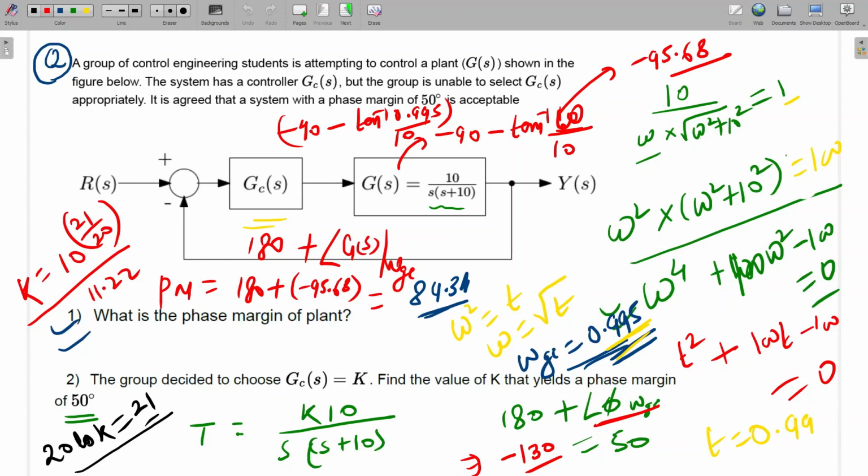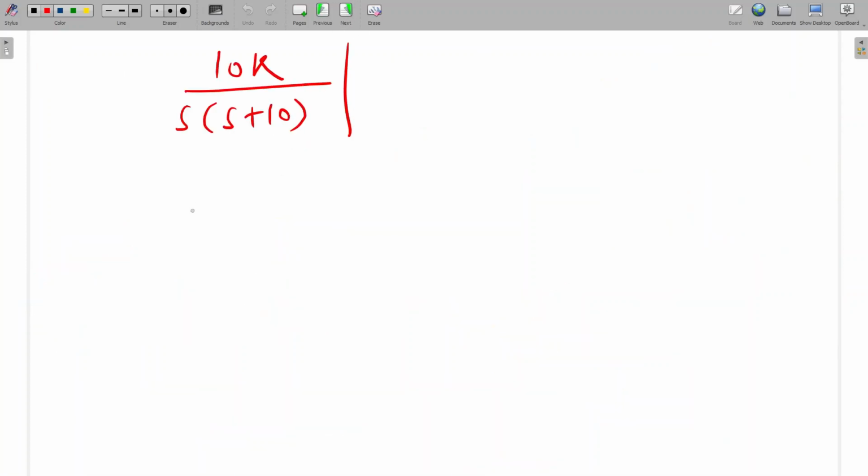At minus 130 degree, first we will calculate that omega. So minus 90 minus tan inverse omega by 10 is equal to minus 130. Is it correct? So what should be the omega value from here?